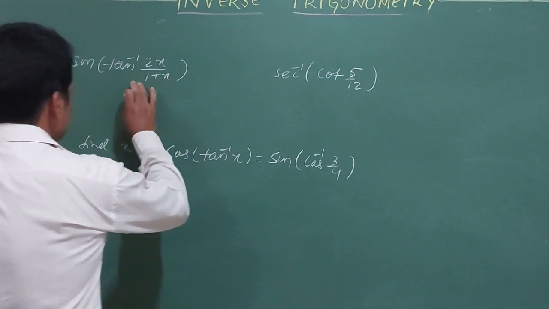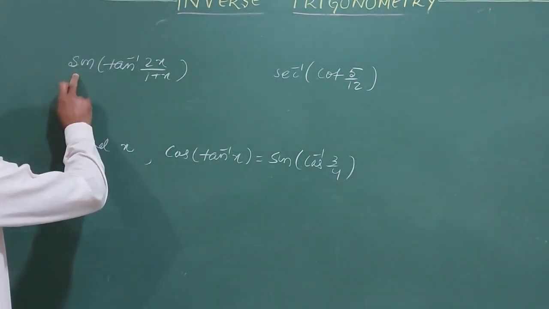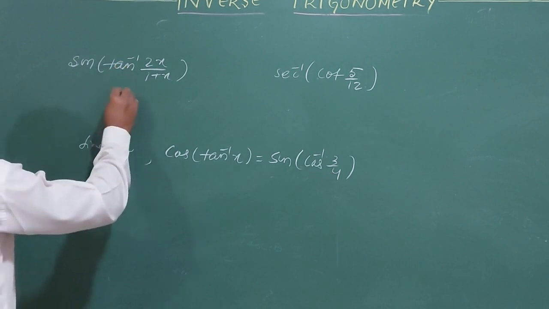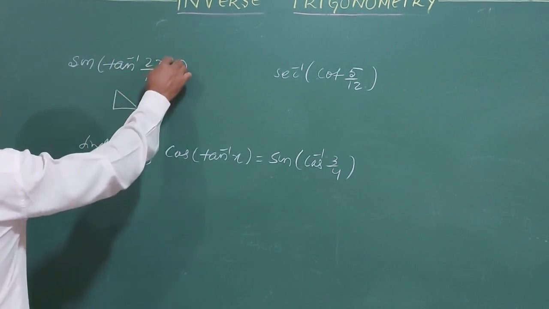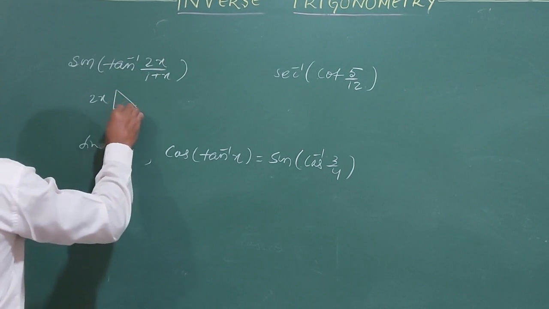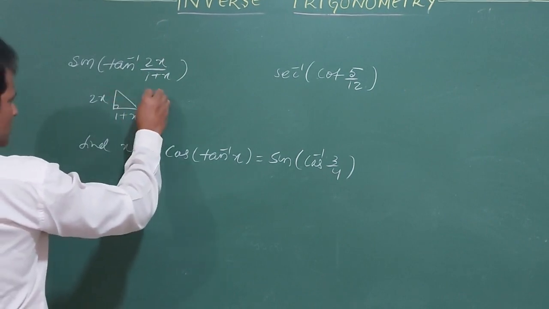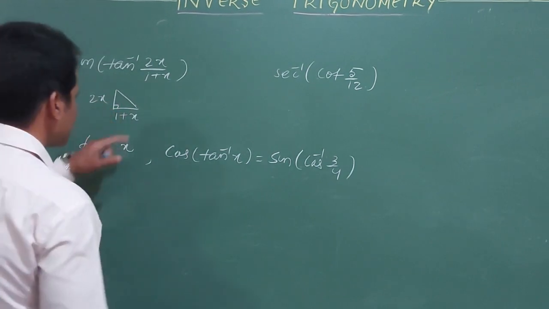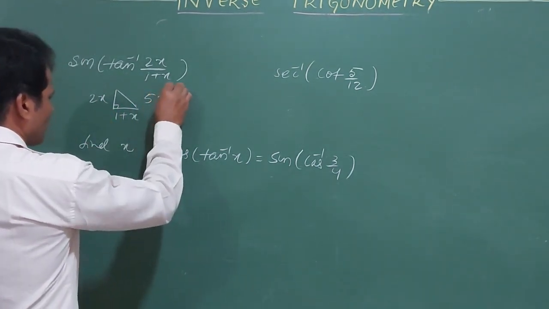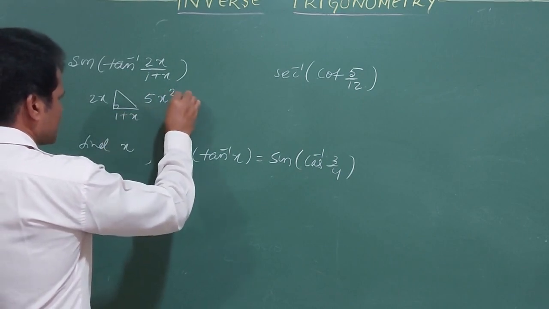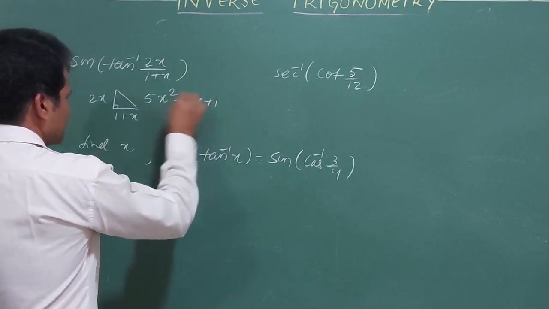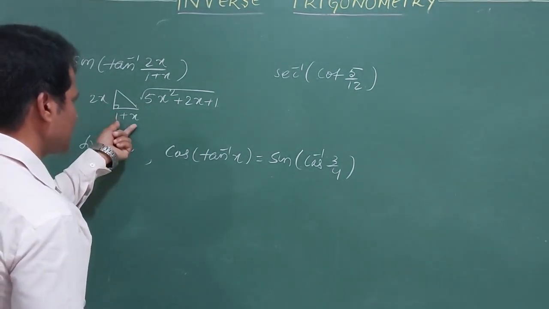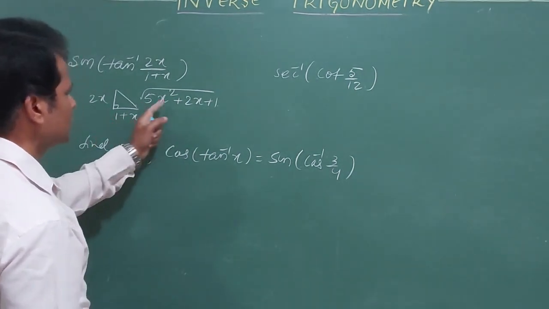Now when I get this question, who is waiting outside? Sin. Tan inverse is inside, that means I need to convert it into sin inverse. So how to convert? Think about the inverse: perpendicular by base, 2x by 1 plus x. Hypotenuse is the square root of 2x square, 4x square, plus x square, 5x square, plus 2x plus 1, under root. That means I took the square of 2x, 4x square, and the square of 1 plus x, x square plus 2x plus 1, and added both.